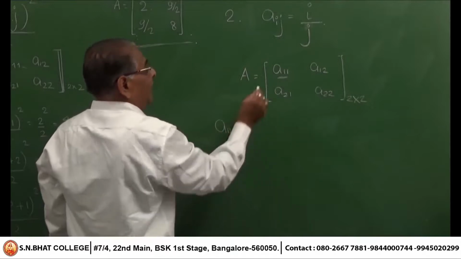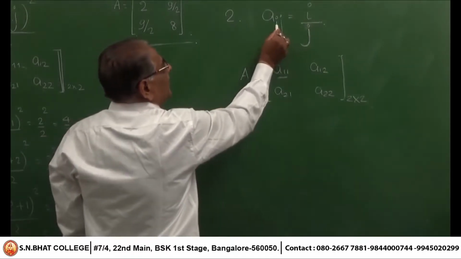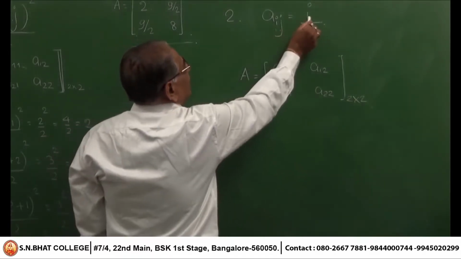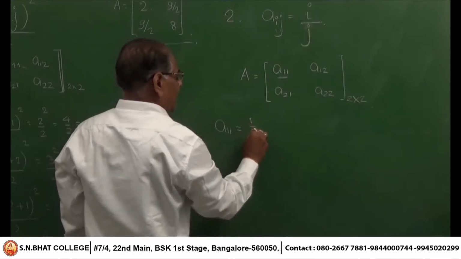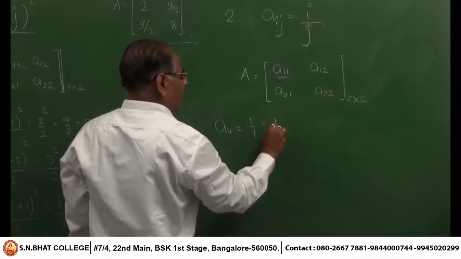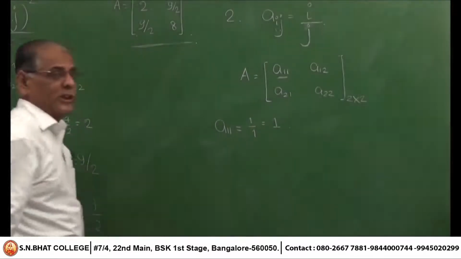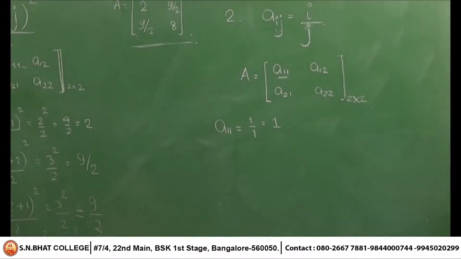A11 is nothing but Aij, which is given. A11 means replace i by 1, j by 1. This is 1 divided by 1, which is nothing but 1. First element A11: i is 1, j is 1, i by j is 1 by 1.